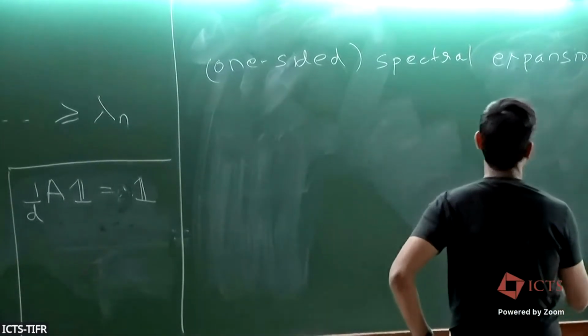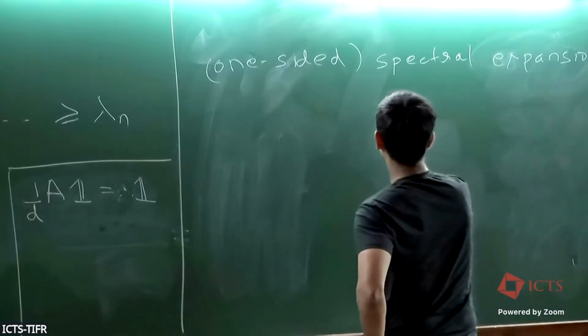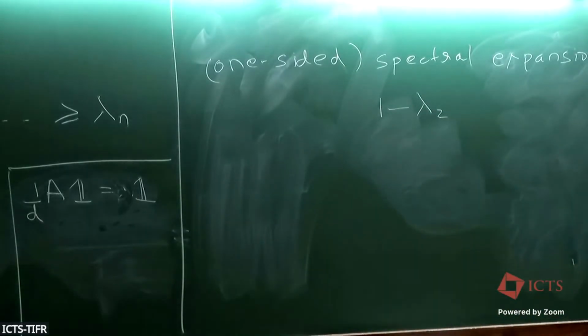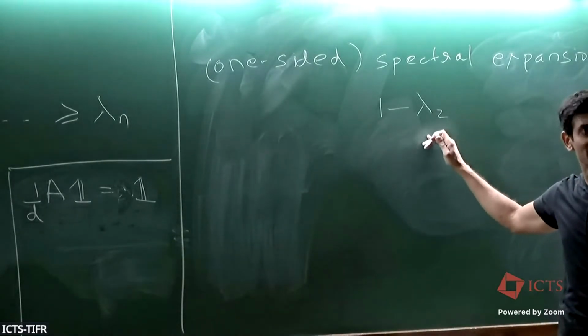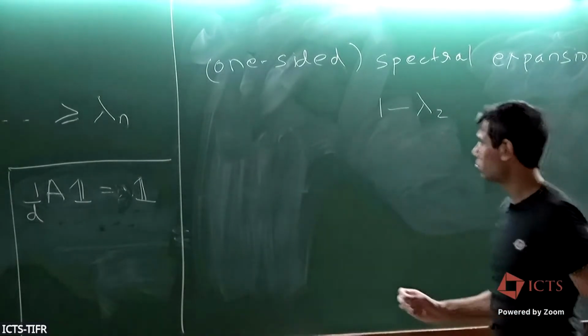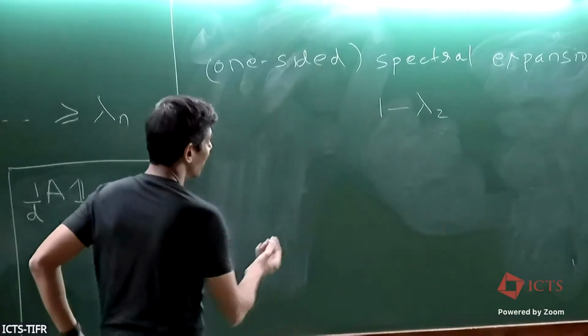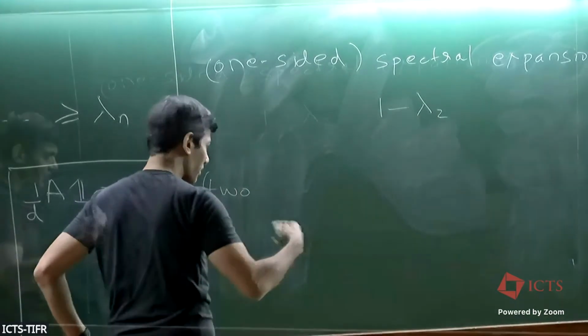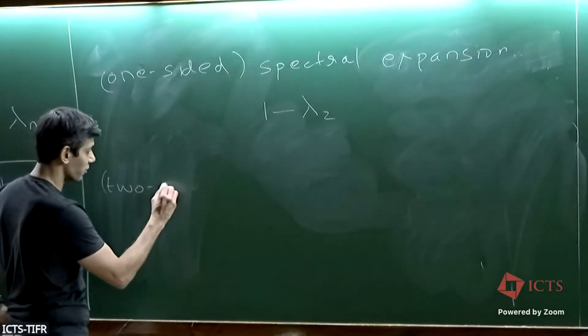One-sided spectral expansion is defined as the gap between 1 and the next eigenvalue. And a lot of the time, it's more convenient to work with the two-sided version.